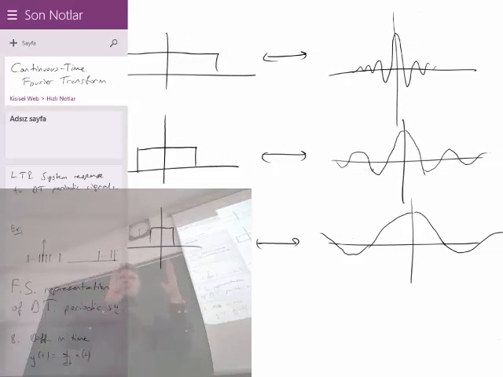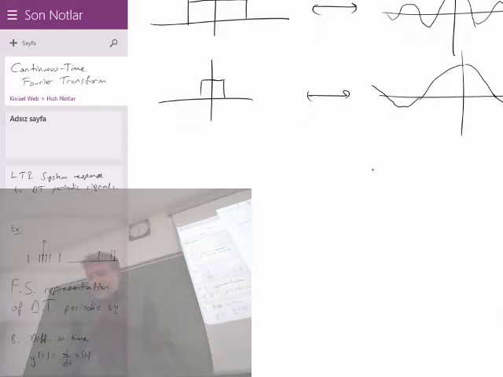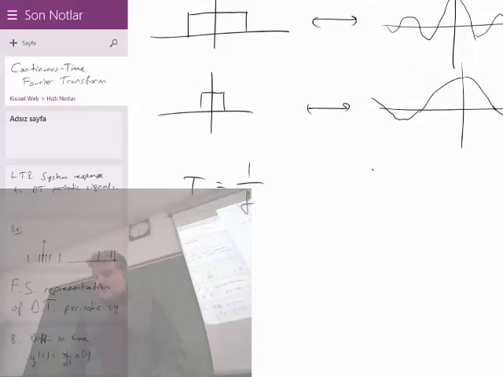If you shrink the shape, then you have to stretch the Fourier transform. They are inversely proportional. Why? It's quite obvious, I guess, because the period, which is in terms of time, as we know, is inversely proportional to the frequency. Frequency and time are inversely proportional concepts to each other. Okay? So that's what we have to be careful about.